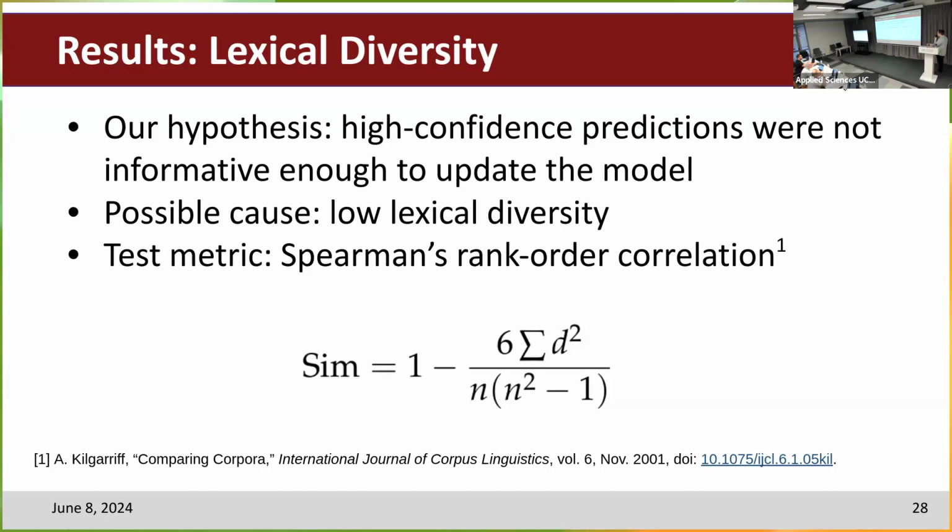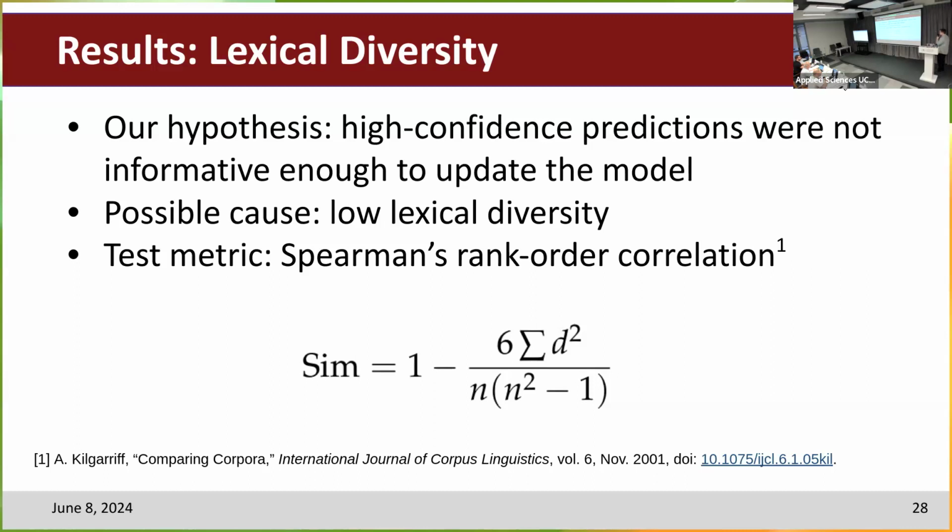A possible way to see this could be to check the lexical diversity of corpora. The idea is that the lexical diversity of the corpora with added new high confidence predictions should be lower compared to the random samples drawn from the full training dataset.